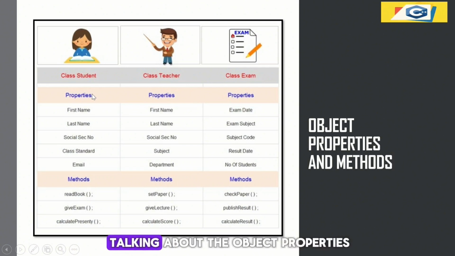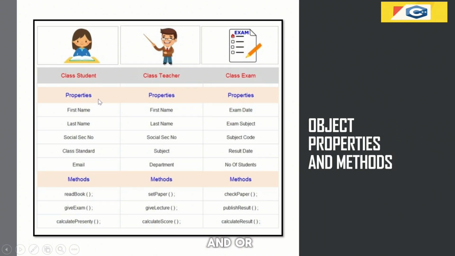When we are talking about the object properties, we have the properties, or you can say attributes, of student: first name, last name, social security number, class standard, email, and some methods. Methods are nothing but the functions of the class: read book, give exam, calculate.